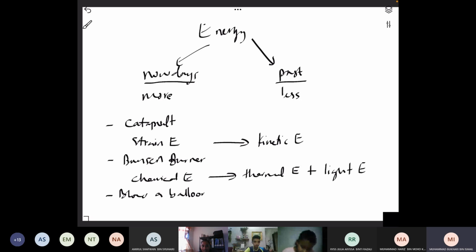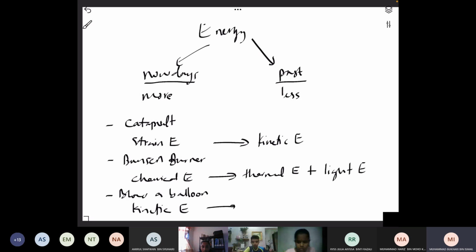Okay, in this case, we are talking about the air that you blow into the balloon. When the air moves into the balloon, what kind of energy is that? Kinetic, right? Kinetic energy here refers to the flow of air into the balloon.